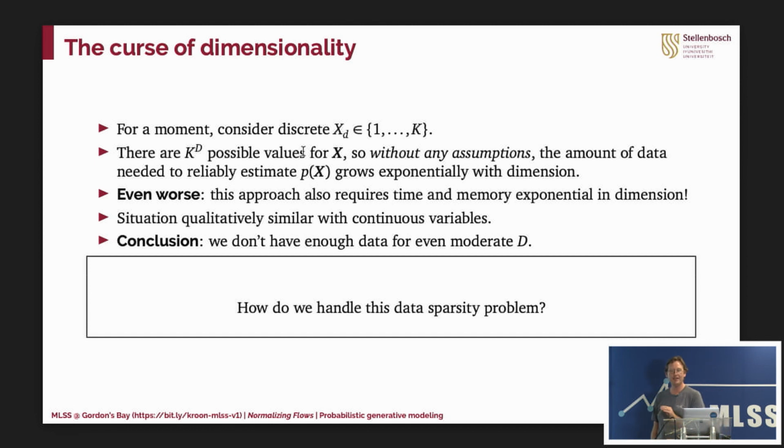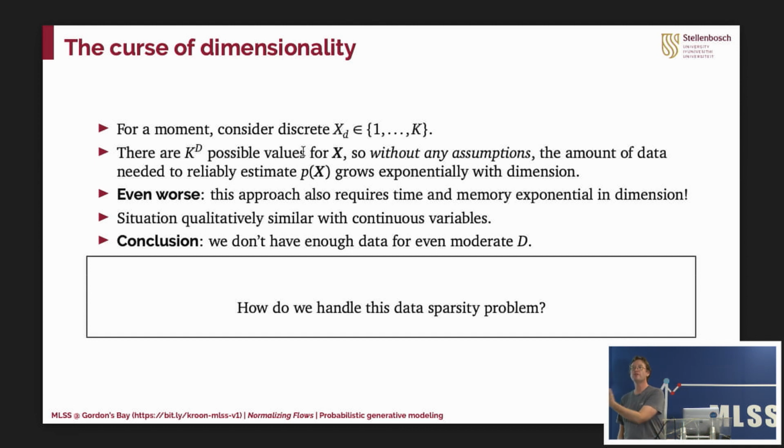So if we don't make any assumptions about the distribution over those K to the D possible values, then we're going to need roughly K to the D values to specify that distribution. Okay, and that's going to grow exponentially with D.